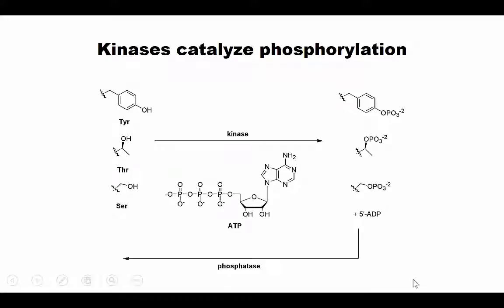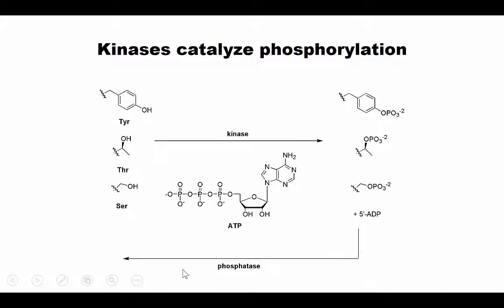In the cell cycle examples I gave you, some kinases can be potentially good targets for a small molecule. Then let's see what the function of those kinases is. Kinase is an enzyme, and it utilizes ATP as a cofactor and transfers one of its phosphates to the substrate. The substrate can be a protein, and if it is a protein, the hydroxyl group of tyrosine, threonine, or serine can be phosphorylated by this kinase.